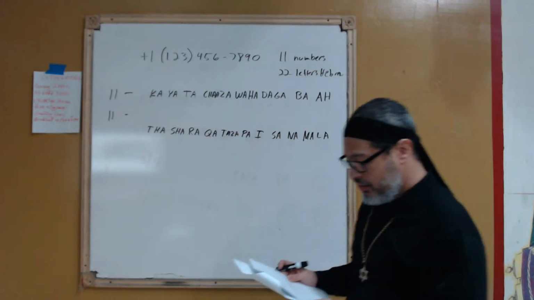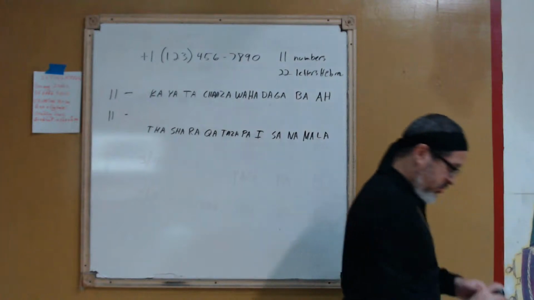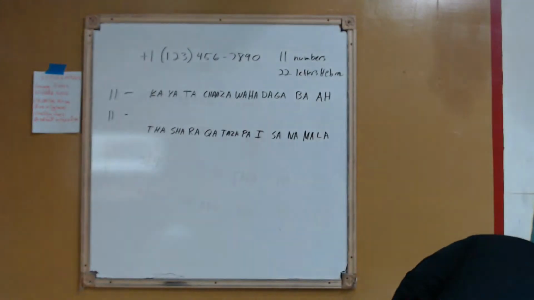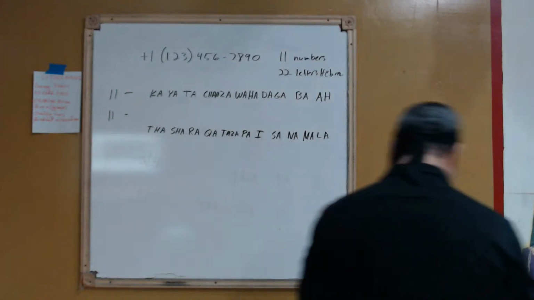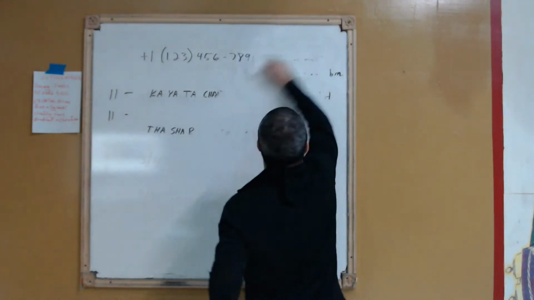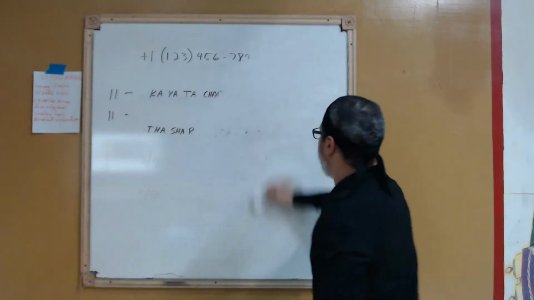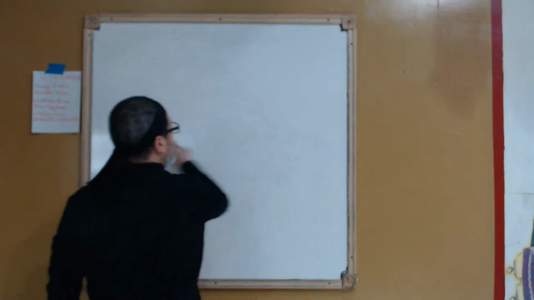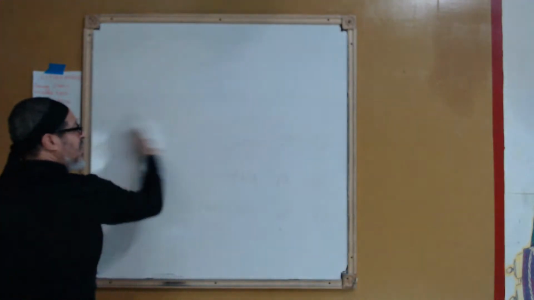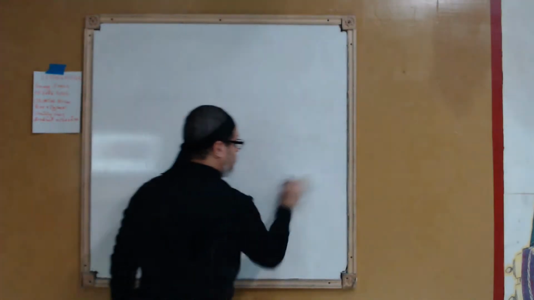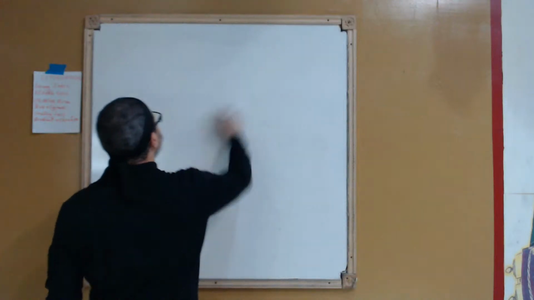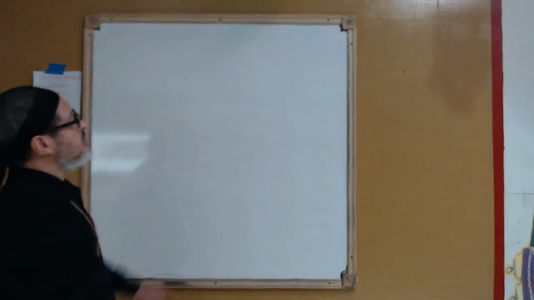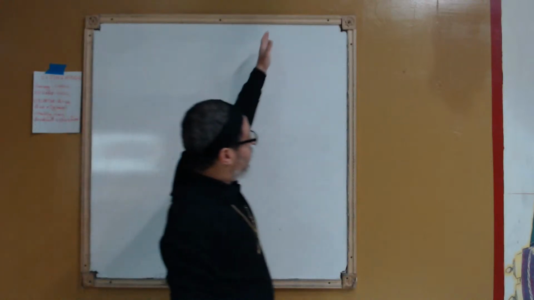So what we're going to do now is review it in a different format, a table, using the 11-11 approach. 11 characters going down, and then another 11 characters going down.